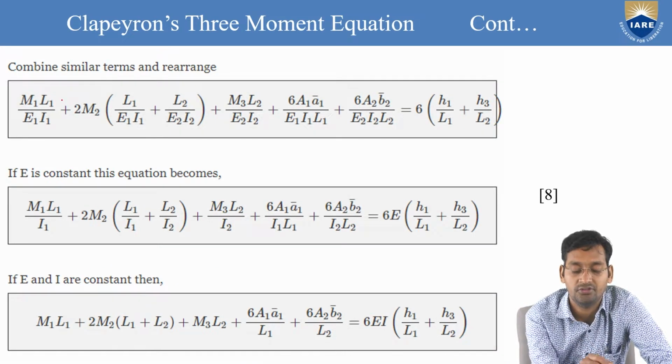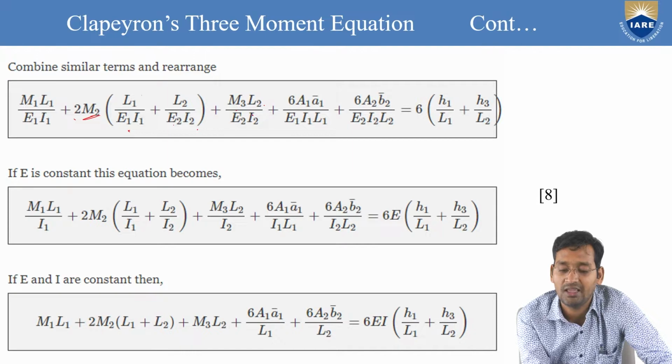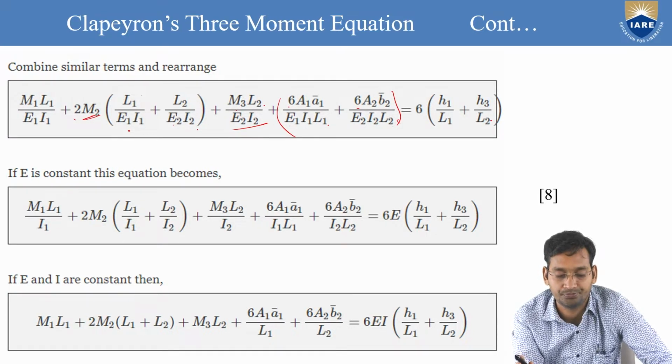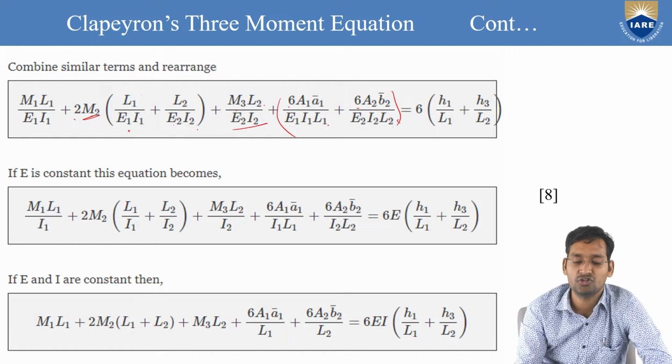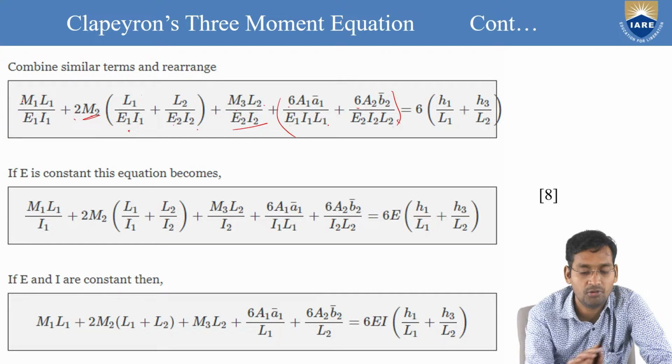So after arranging: M1 L1 by E1 I1 plus 2M2 common, L1 by E1 I1 plus L2 by E2 I2, plus M3 L2 by E2 I2, plus this same 6 A1 small a1 bar by E1 I1 L1, plus 6 A2 B2 bar by E2 I2 L2, which is equal to 6 into H1 by L1 plus H3 by L2. Now if E is constant, we can take 1 by E common from every term.